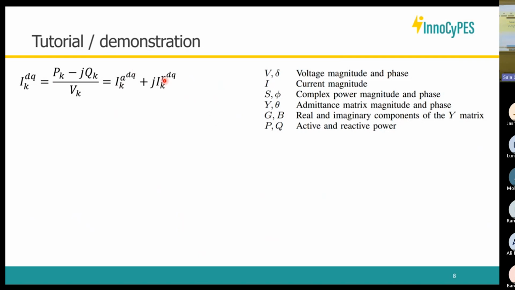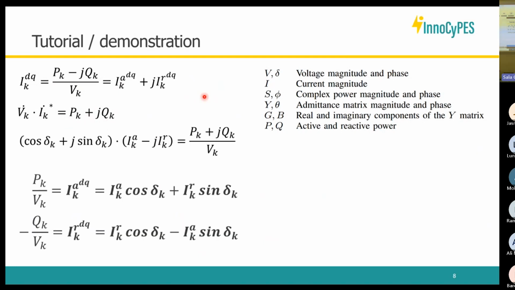So if we work around these equations, we know that this is a standard power equation. We know that voltage times the conjugate of the current is equal to active plus reactive power. So if we do some work on this, we reach these equations here in bold.